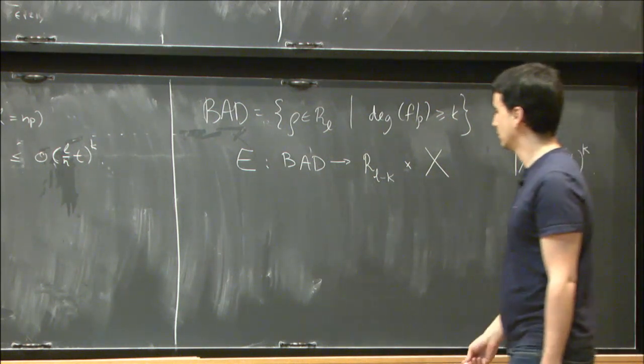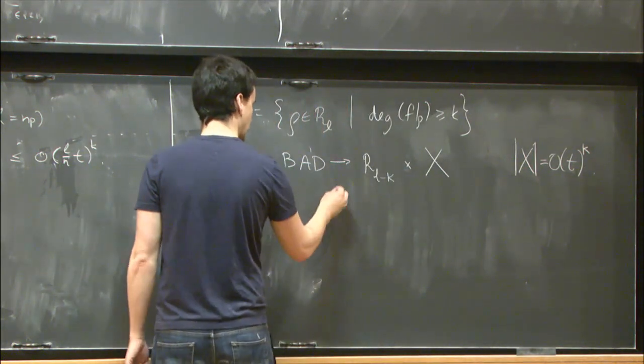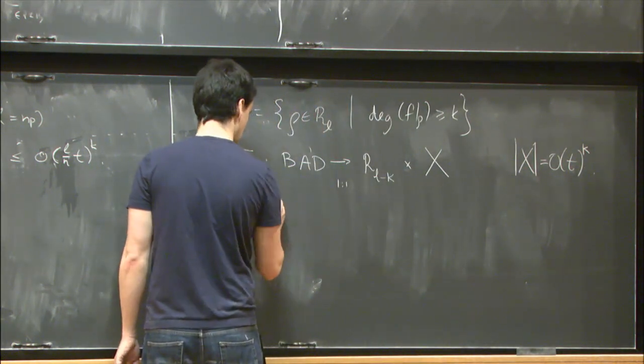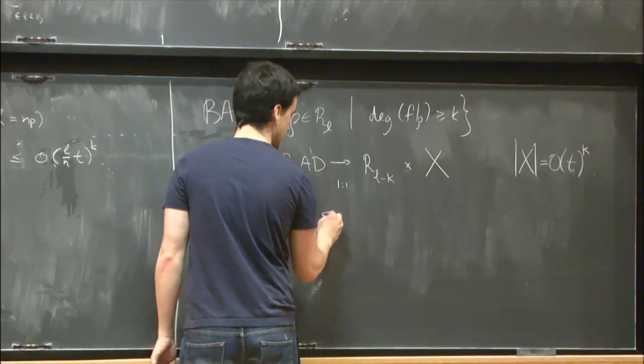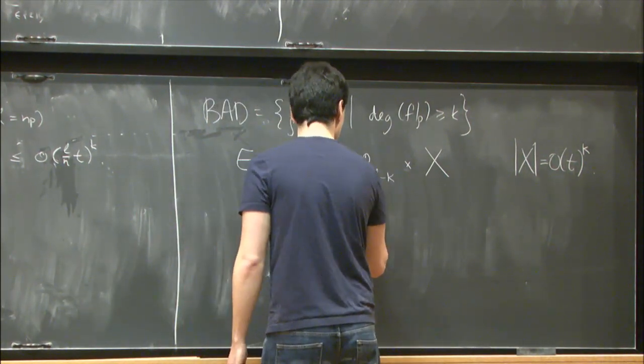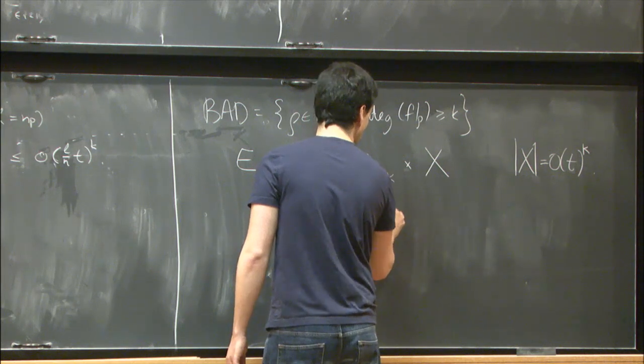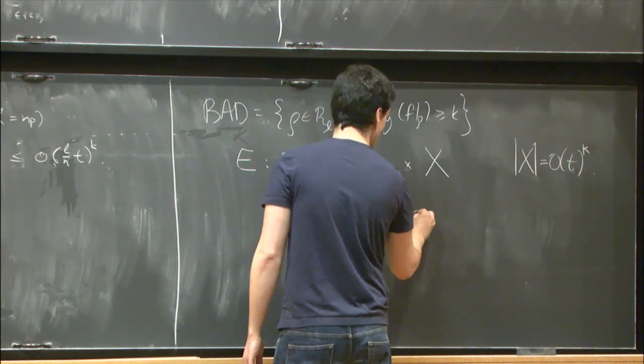If we know this, and we know that this is one-to-one, it tells us that the number of bad restrictions is at most the number of restrictions keeping L minus k variables alive times O of t to the k.